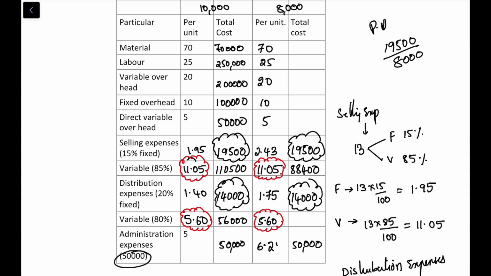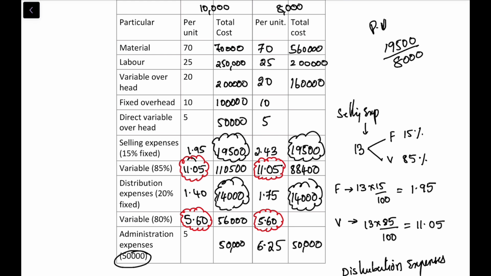See, administration expenses 5 rupees per unit is given, but in bracket 50,000 is given. So we assuming that 50,000 is a fixed cost. That's why we have taken total cost as 50,000 in both in 10,000 units and as well as 8,000 units.